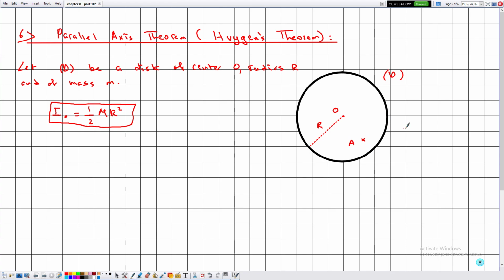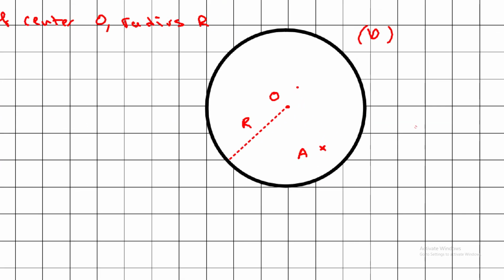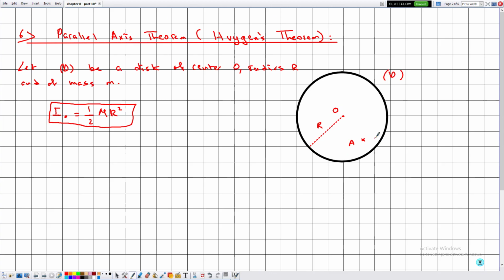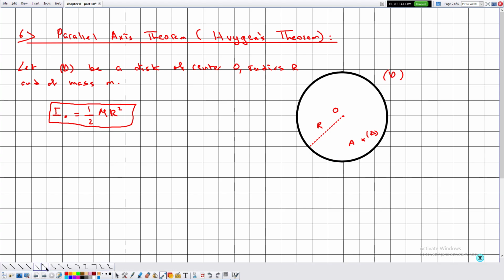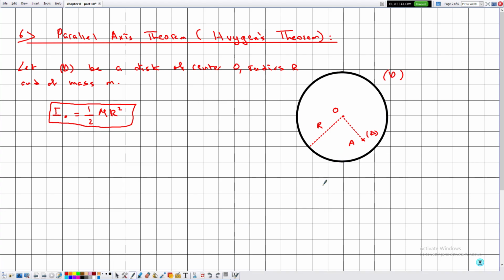And now the axis of rotation, which is delta, instead of passing through the point O, will pass through the point A that is located at a distance d from the initial, symmetric axis of rotation, which is at the center. So d is the distance between the points O and A, which we expect to be given and can be measured using a graduated ruler.